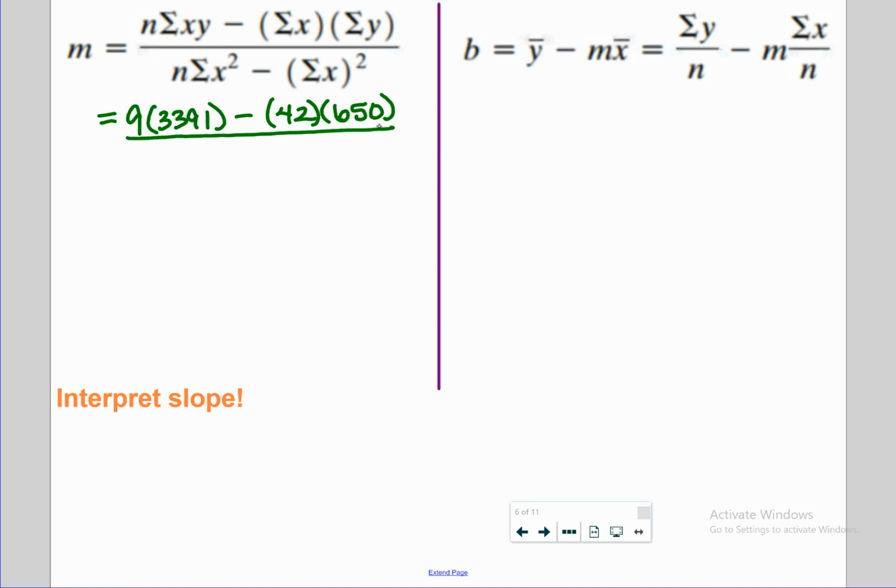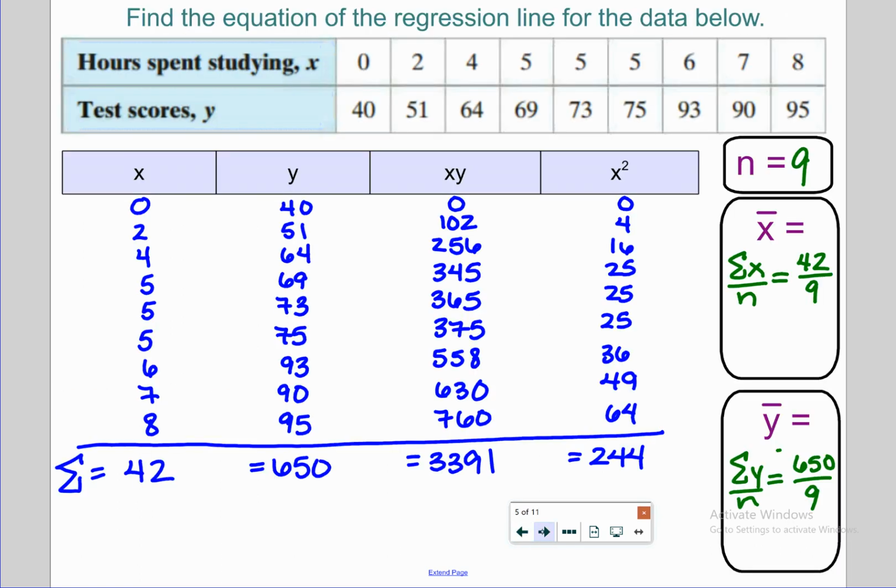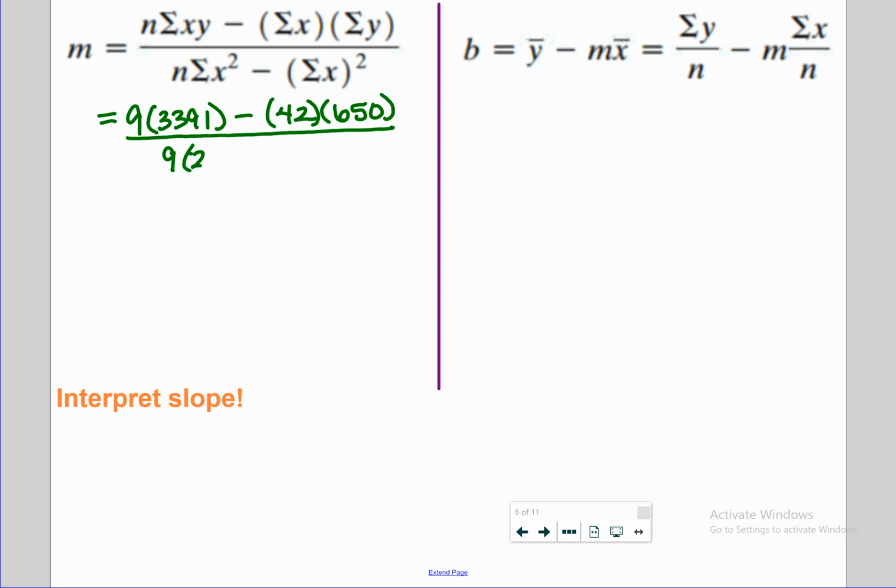All right, denominator. 9 times the sum of x squareds. Okay, so that's my last column, the 244, minus the sum of x, which is 42, squared. All right, and then we'll just type it in separately here, divide last. Numerator, 3,219, right?